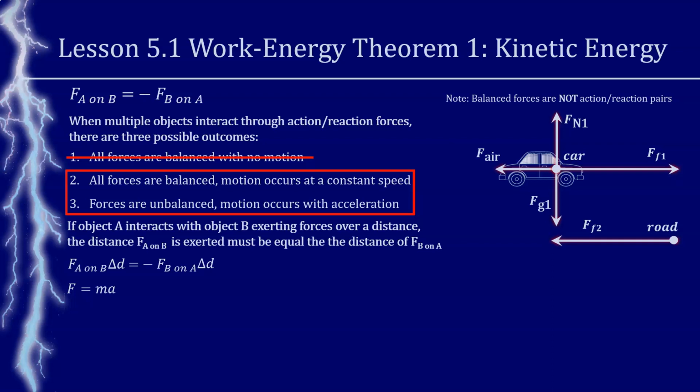So it's the mass of object B that matters. So the mass of B times the acceleration of B times the change in distance equals the opposite of the force of object B on object A times its change in distance. And the change in distance has to be the same on both sides. So you can still see this is just Newton's third law. I've just replaced one of the forces with ma.